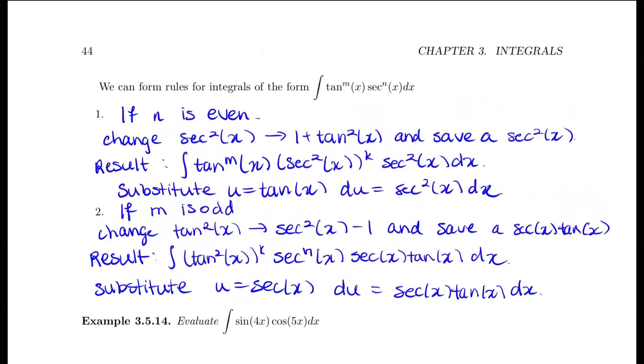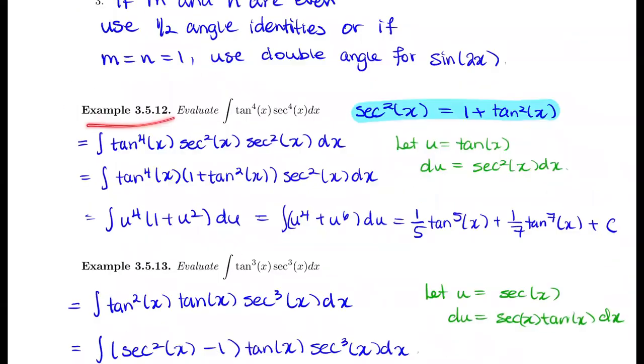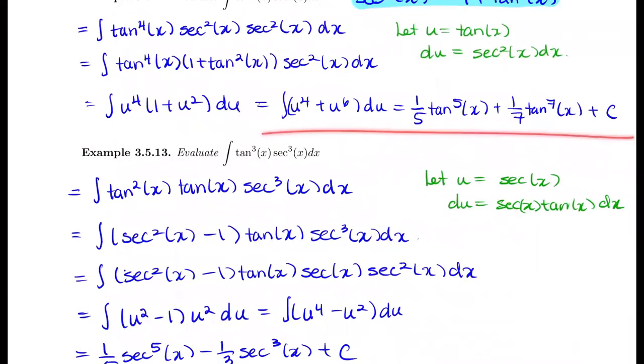So we see that when n is even, that follows from this example. So we broke it up, and then we would have one secant squared of x here and the dx. So we save that.